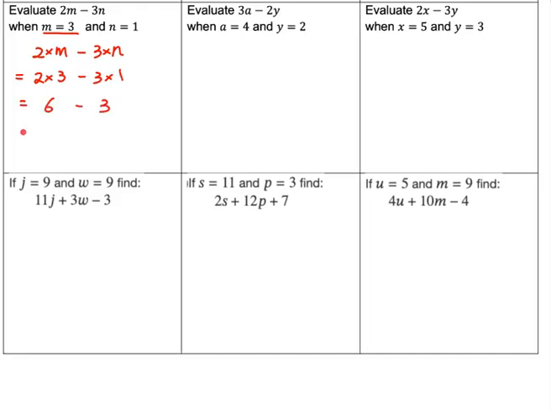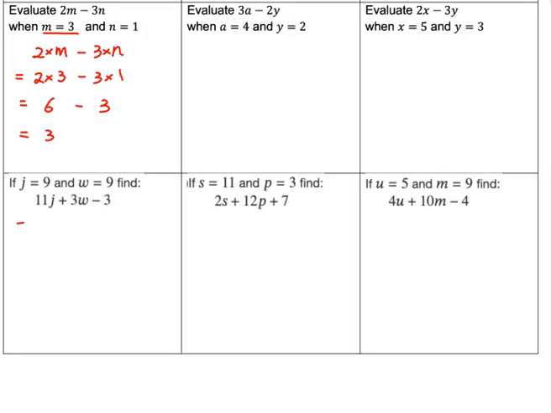We have to follow BEDMAS. Make sure you do the multiplication first, and therefore the final answer is 3. Now let's have a look at the next row. It says, if j is 9, w is 9, find the value of this entire expression.